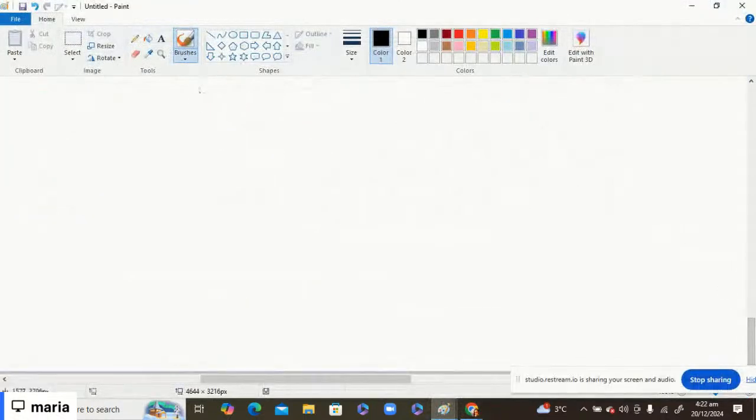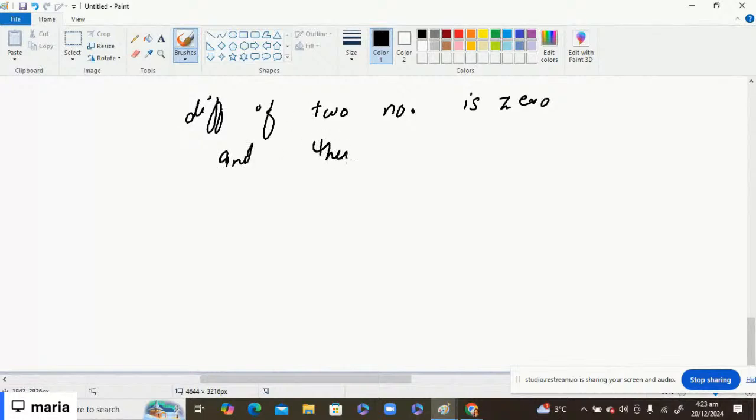For example, if I write it down, the difference of two numbers is 0 and their product is 25, let's suppose.